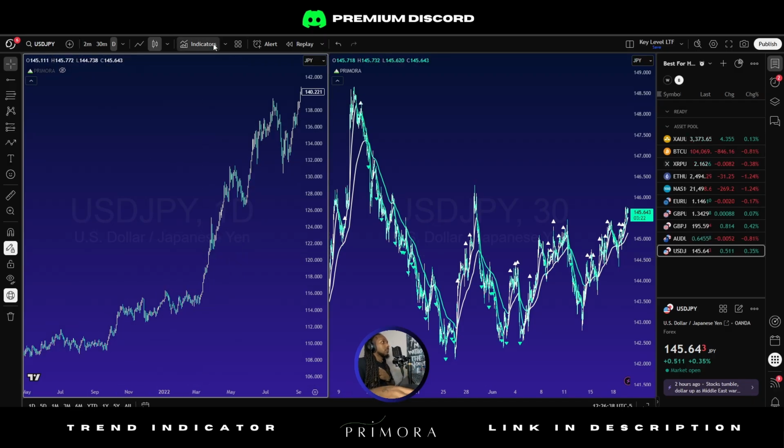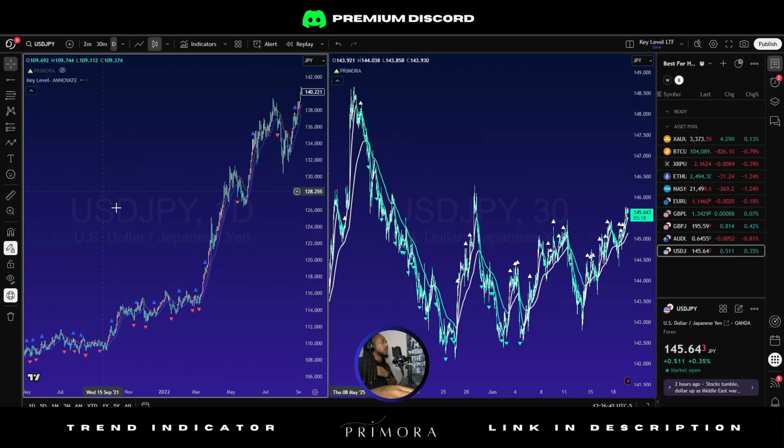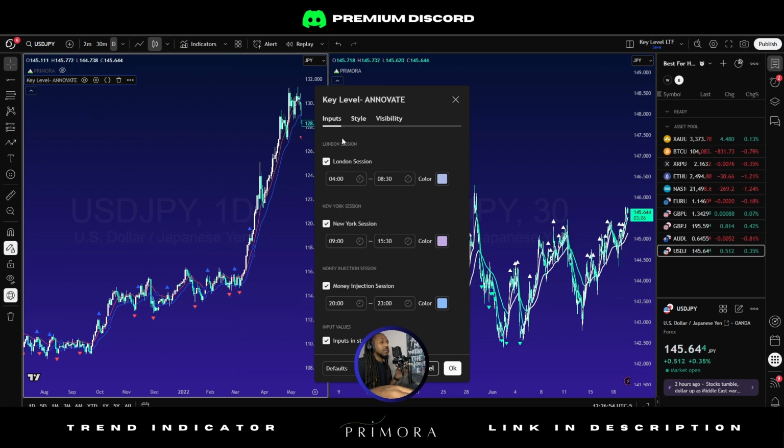If I just get rid of this and show you Annovate, you'll be able to see that Annovate is a very cool indicator as well. It's just that this one used to give me a lot more signals, on a basic note of giving me the same signals, just following a certain criteria. That's the reason why I said Primora is a level up from that, because now we are being a lot more subjective into which ones we want to get involved in.